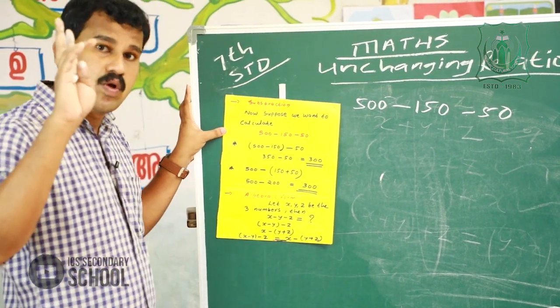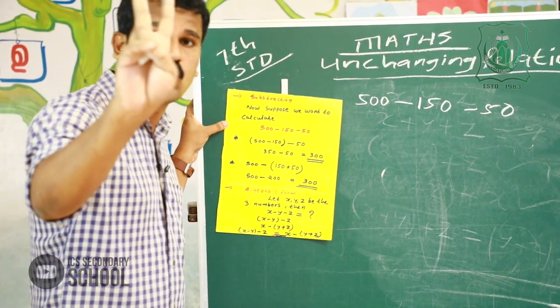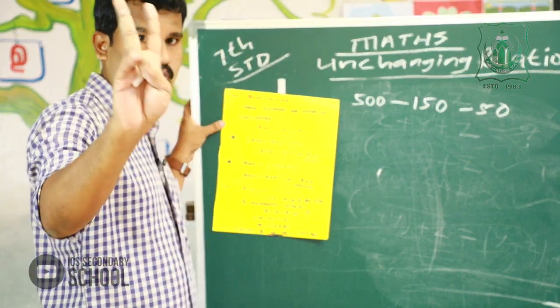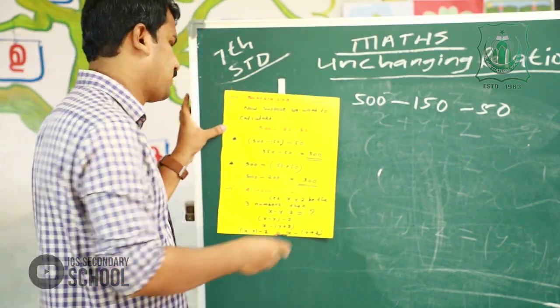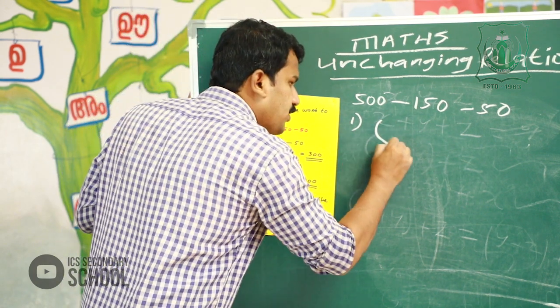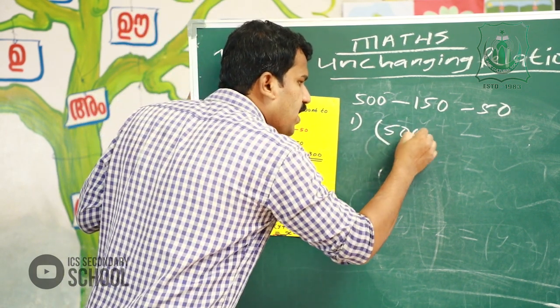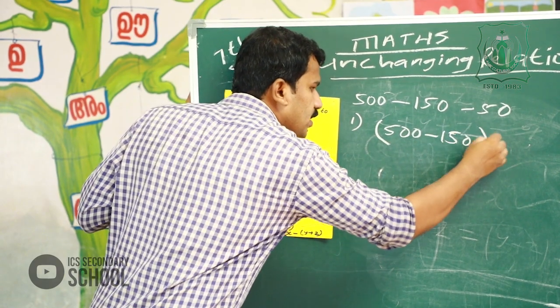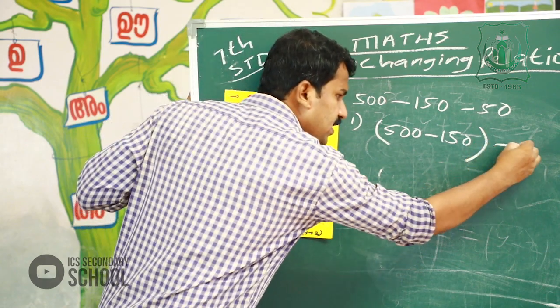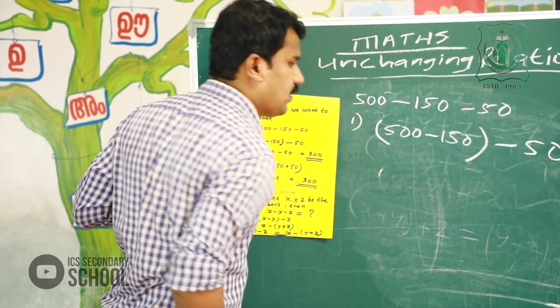We can do the subtraction method also in two types. We can solve this problem in two types. In the first type we can first solve 500 minus 150, then minus 50.